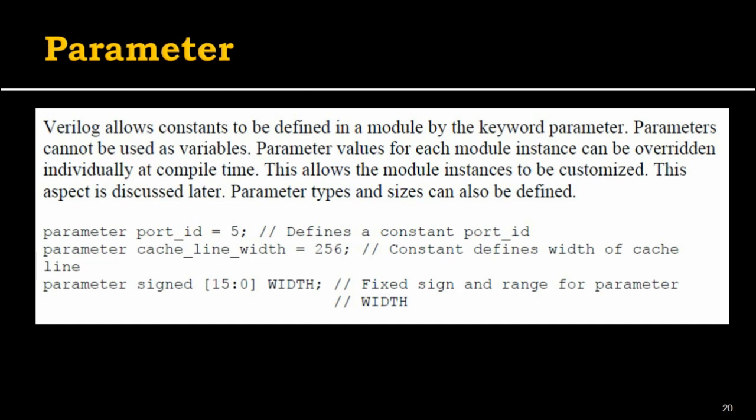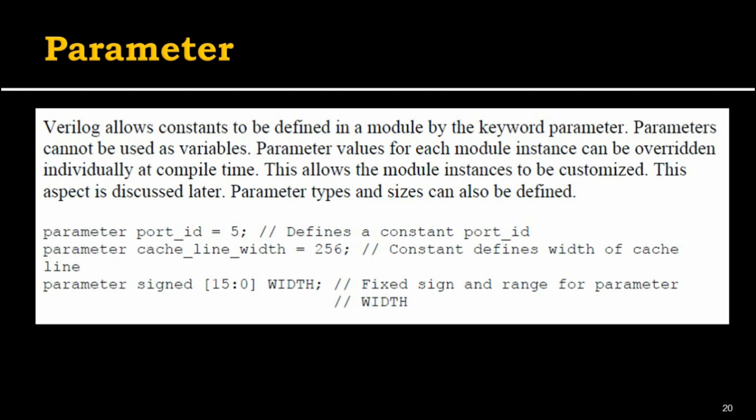Parameter is a keyword, so we cannot use it as an identifier, and a parameter cannot be used as a variable. Constants are declared by using the parameter keyword. Parameter is a keyword, then port_id is the identifier, equal to 5. This defines the constant 5 assigned to port_id.